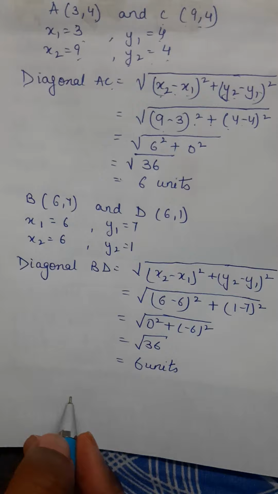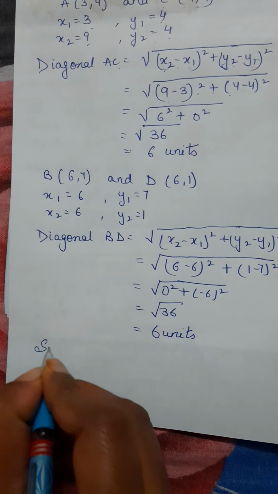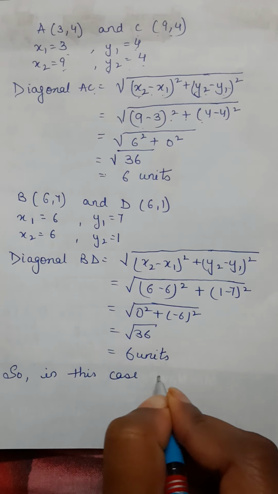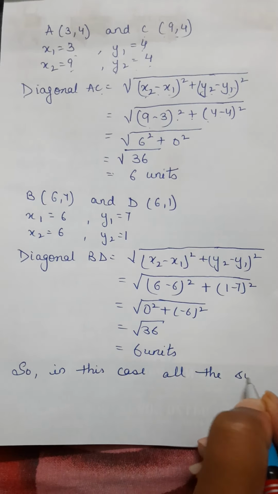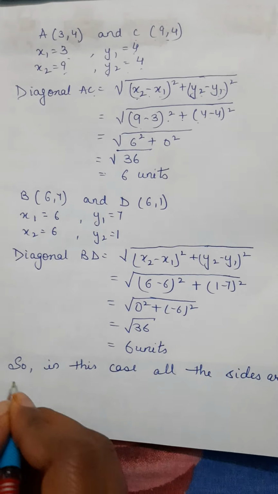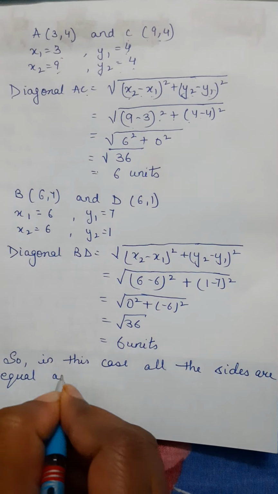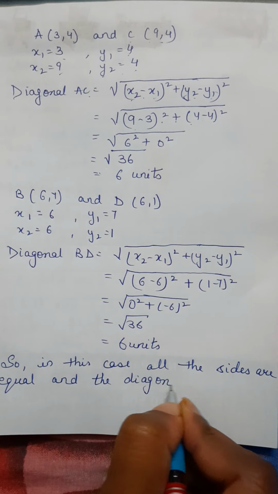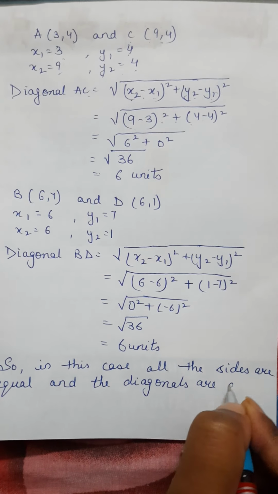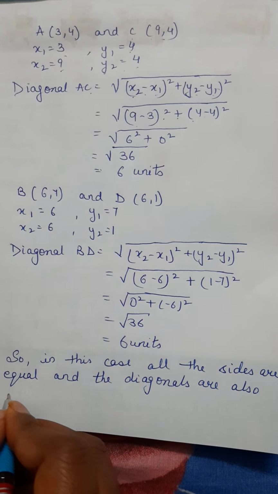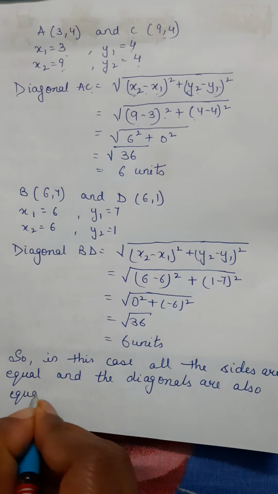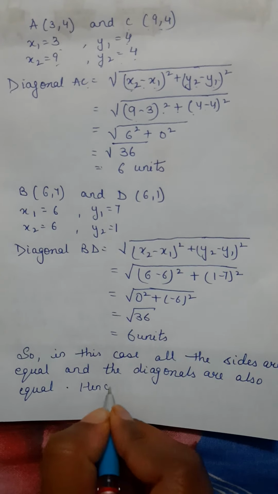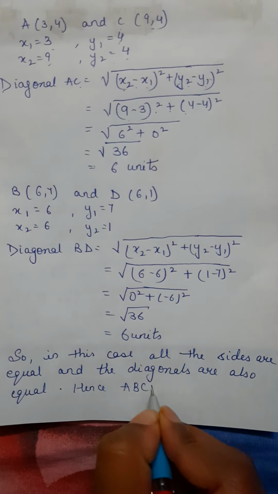In this case, all the sides are equal and the diagonals are also equal. मतलब आपके पास दोनों प्रॉपर्टीज वेरीफाई हो गई, तो आपका ABCD is a square. Hence, ABCD is a square.